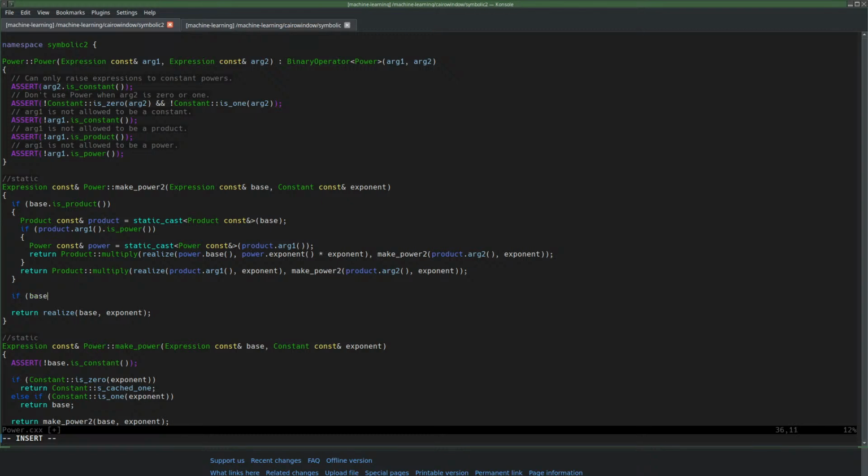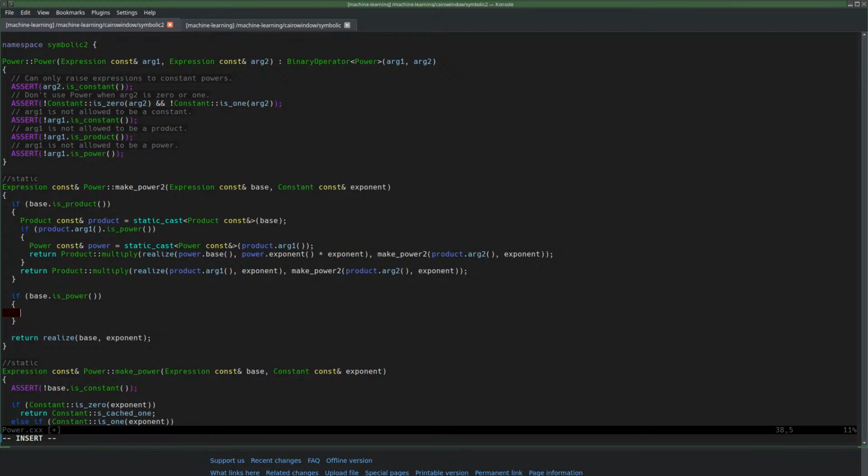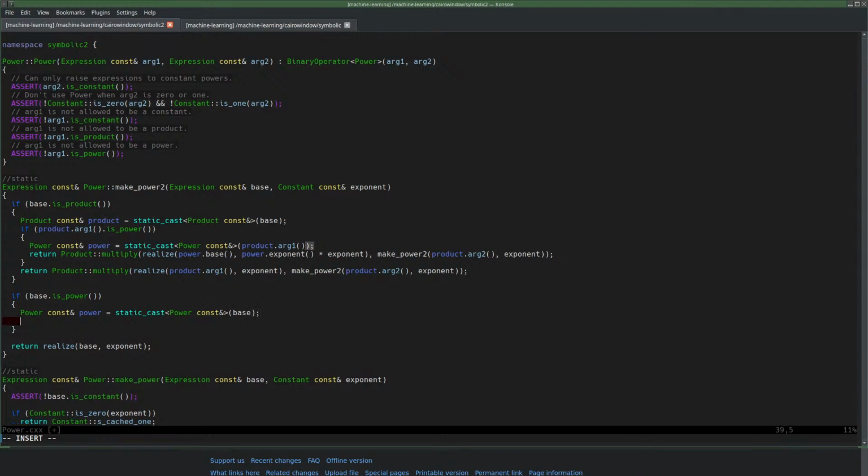If base is power, that's nonsense. It's not a multiplication.